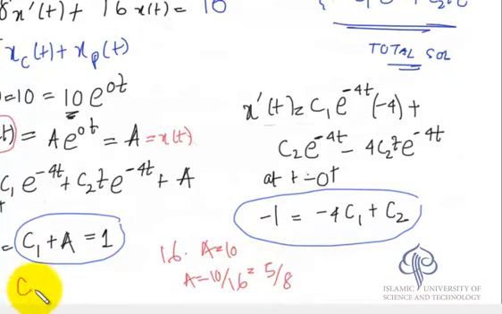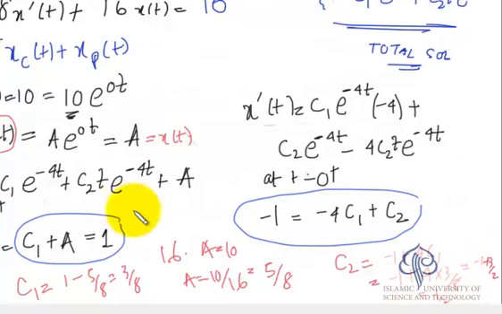So this gives us c1 is 1 minus 5 by 8, which is 3 by 8. And this gives us c2, which is minus 1 plus 4 times c1, which is minus 1 plus 4 times 3 by 8, which is minus 1 plus 3 by 2, which is 1 by 2.